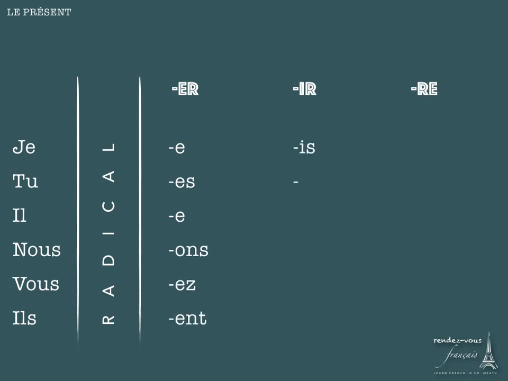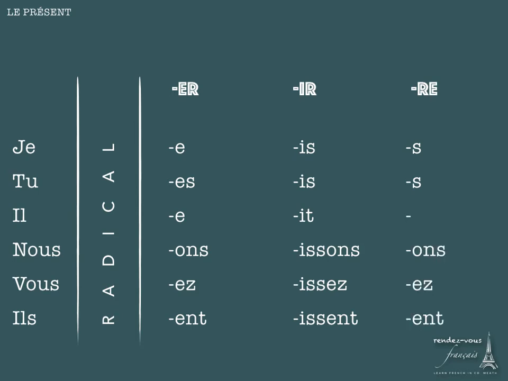Pour les verbes en ir, is, is, it, issons, issez, issent. Et pour les verbes en RE, s, s, nothing, ons, ez, ent. So that's the three columns you need to think of when you write a verb in the present tense. You need your subject, you need the radical, the stem of the verb, and you need the right ending.